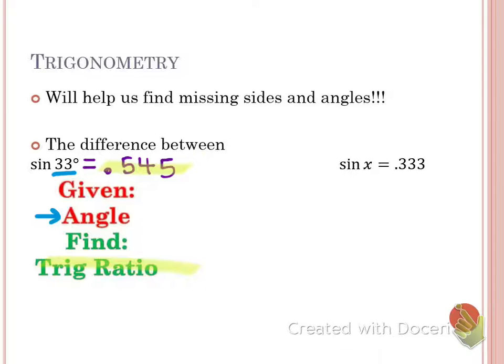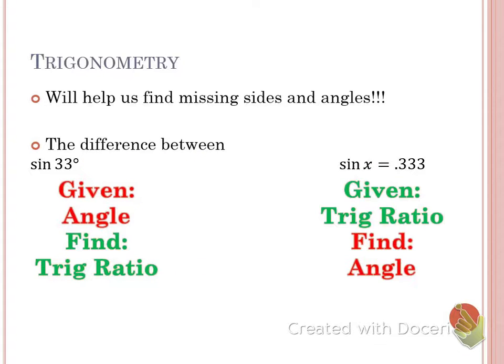So in what we're learning today, the angle is x, and the trig ratio is 0.333. So we're given the trig ratio, and you're missing the angle. I'll tell you why I'm showing you this. But you're given the trig ratio, and you would find the angle in this particular problem.